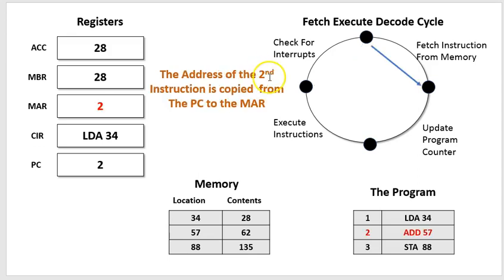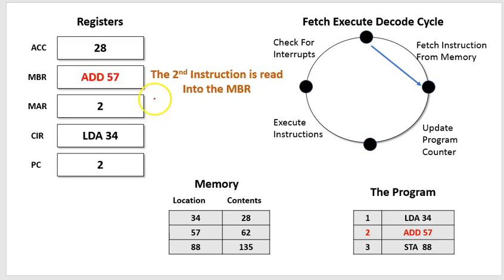So now we're going to do the second instruction. And again, it's very similar to the first instruction. In this case, the address of the second instruction is copied from the PC, the program counter, to the MAR, the memory address register.